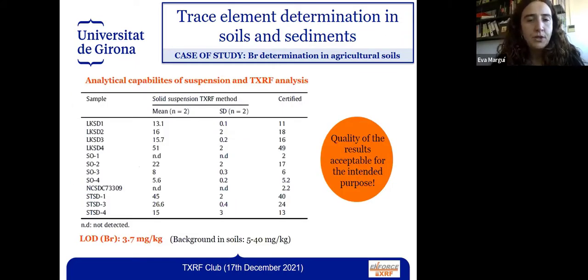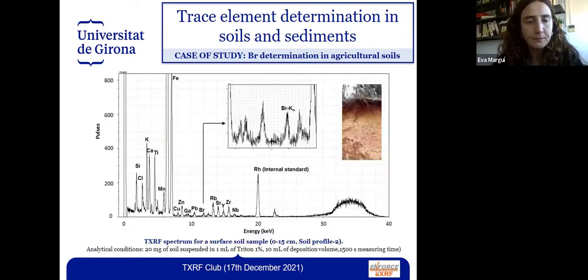We apply this procedure analyzing a set of different reference materials of soil and sediment matrix, and the quality of the results that we obtained were acceptable for our purpose. And you can see that the limits of detection, around 40 ppm, were also adequate, taking into account the background of bromine in soils. Finally, we apply the procedure to different soil profiles.